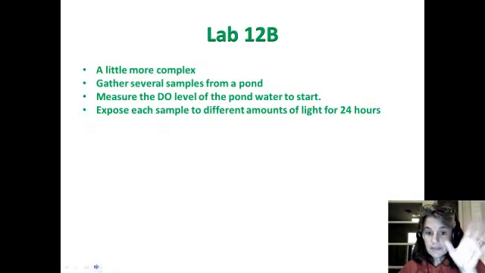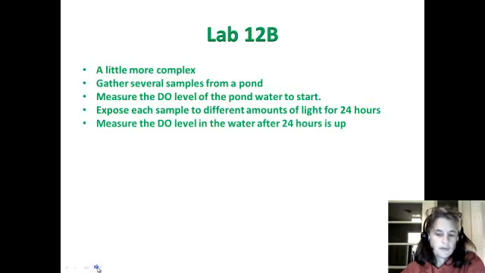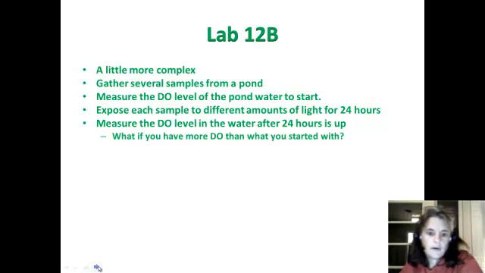We've got a choice of dependent and independent. What is this? This is what we're altering at the beginning. So we're going to expose some to no light, some to lots of light, and some to a medium amount of light. And then we'll wait 24 hours, and then we will measure those same samples again and see how much dissolved oxygen we've had.